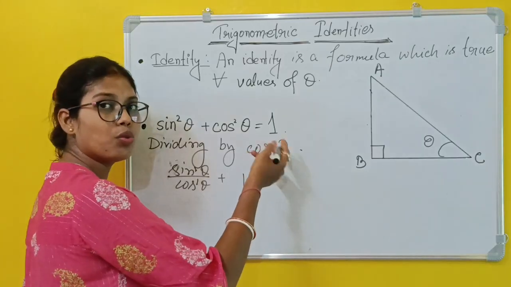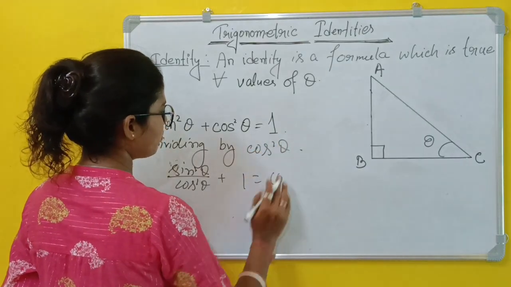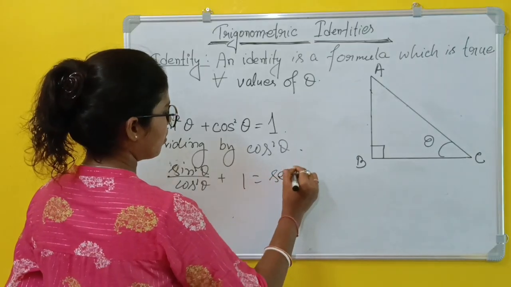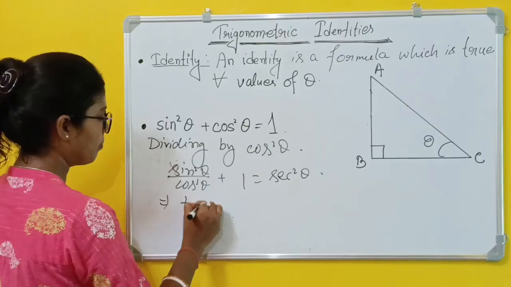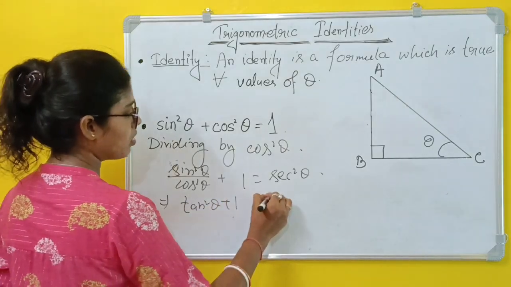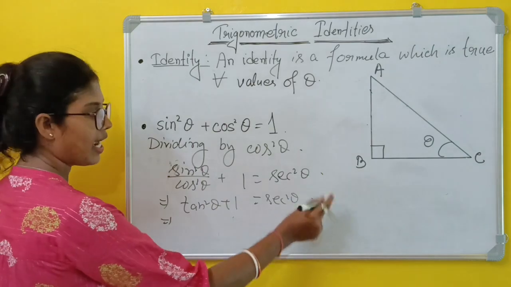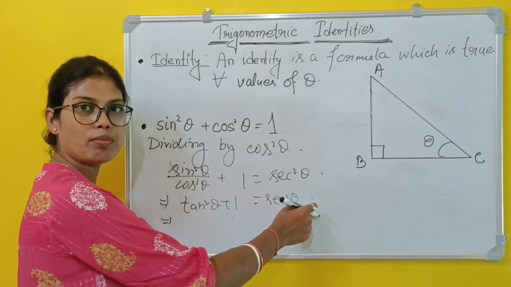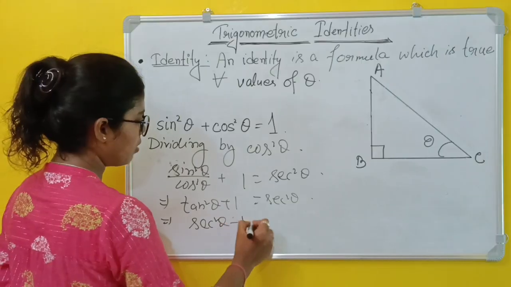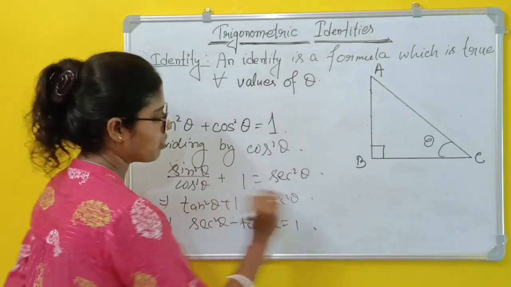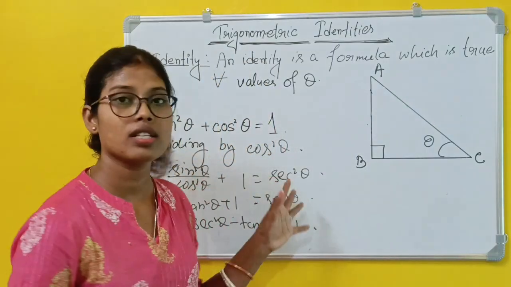And 1 by cos square is sec square. This becomes tan square, this is 1, this is sec square. Just transform it. Tan will go to the right of the equality, so it will become minus. Sec square theta minus tan square theta is equal to 1. Simple. Okay. I guess there is no doubt in this case.